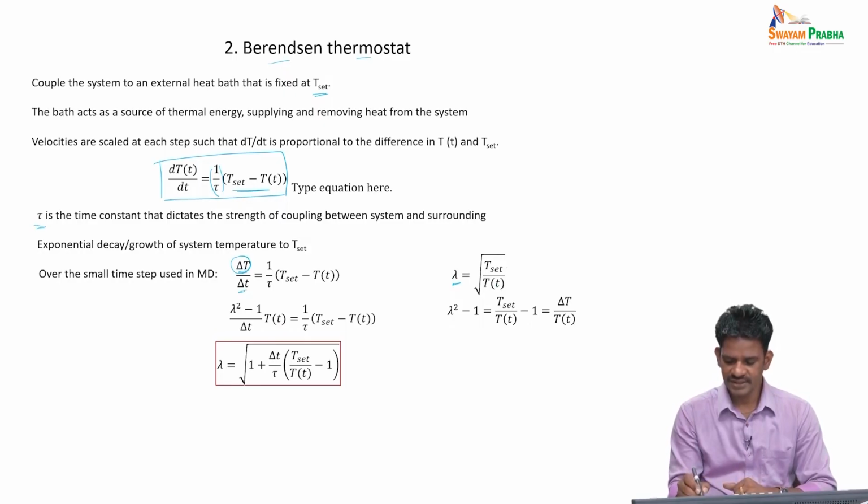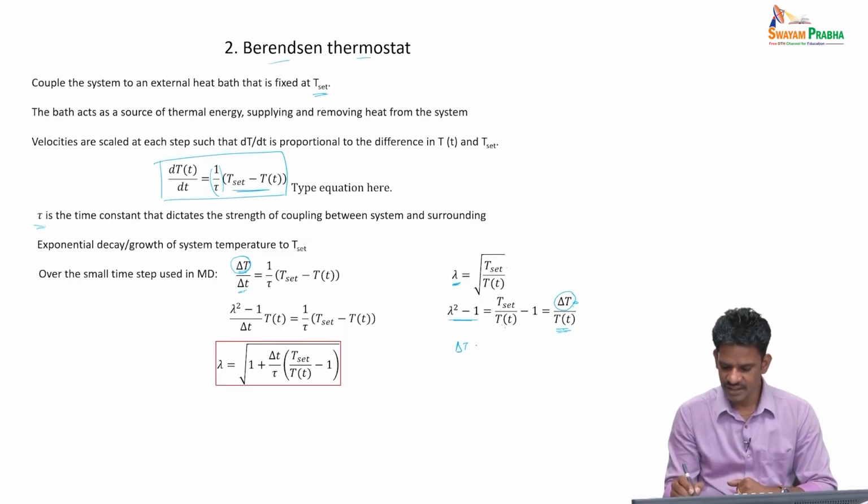So now we go to this scaling factor lambda, and if I calculate lambda square minus 1 from this expression, I see that this becomes T set by T of t minus 1, and if I solve this, I can show that this becomes delta T by T of t. So this T of t is the current temperature, and delta T is the difference between the set and the current temperature.